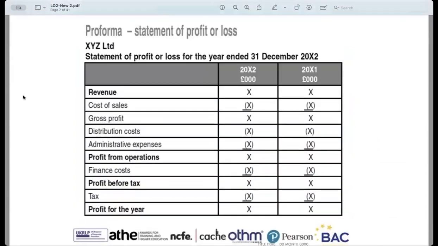Statement of profit or loss. The statement of profit or loss for the year ended is a proforma. A proforma statement of profit or loss under IFRS looks like this: XYZ Limited, statement of profit or loss for the year ended 31st December 2022.